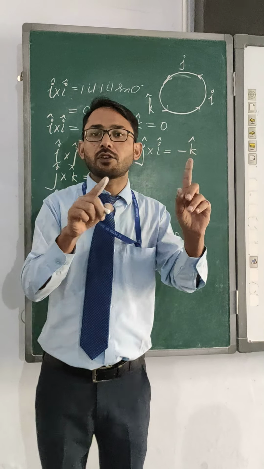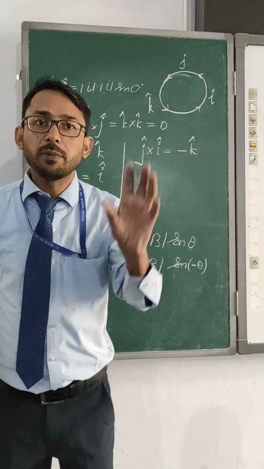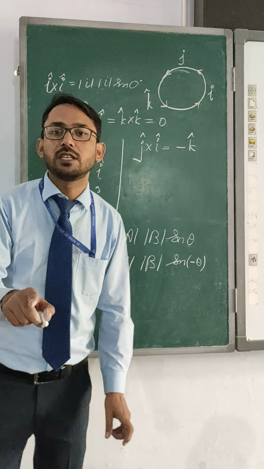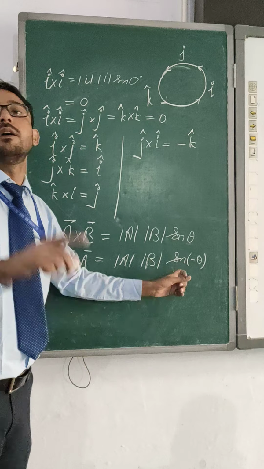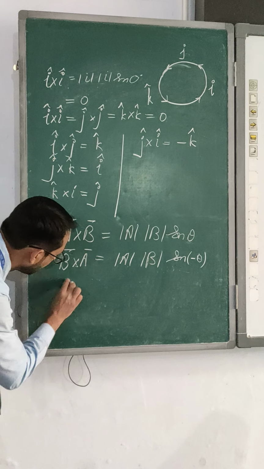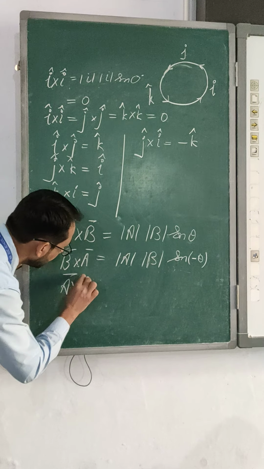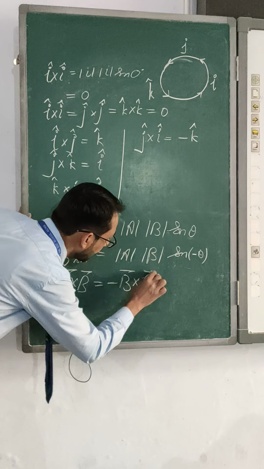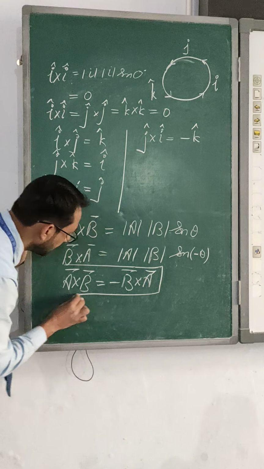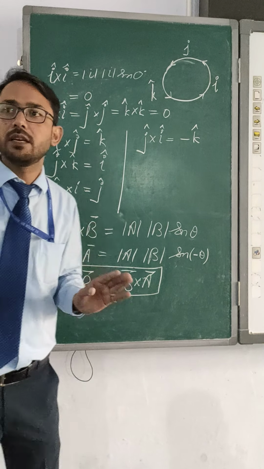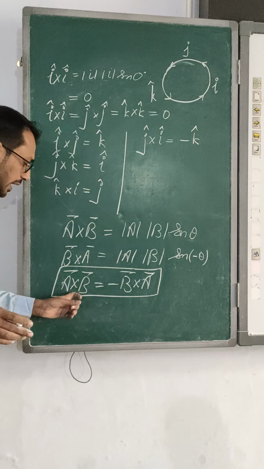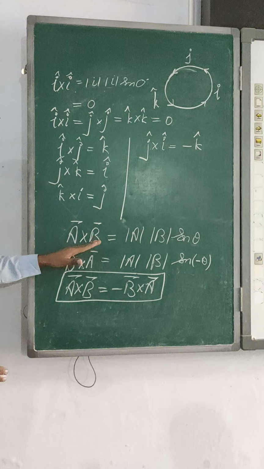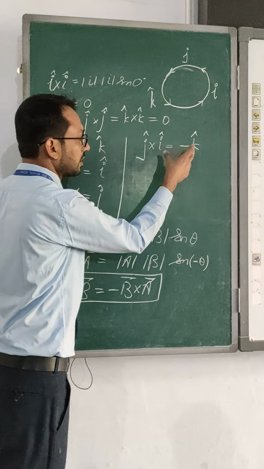As I said for the dot product, A dot B equals B dot A because cos minus theta is cos theta, but sin minus theta will be minus sin theta. Therefore, A cross B will be equal to minus B cross A. If we reverse the cross product of two vectors, it gives us the negative sign.